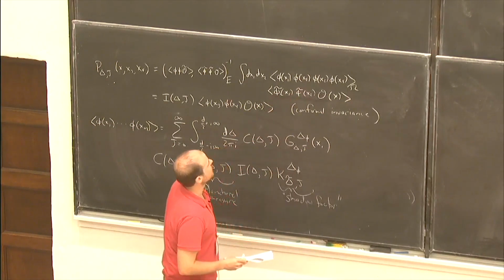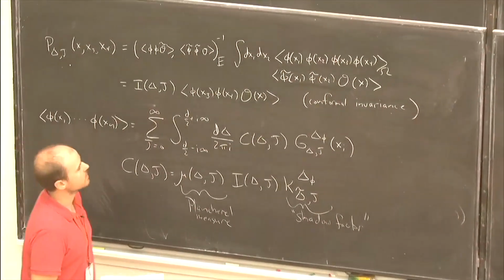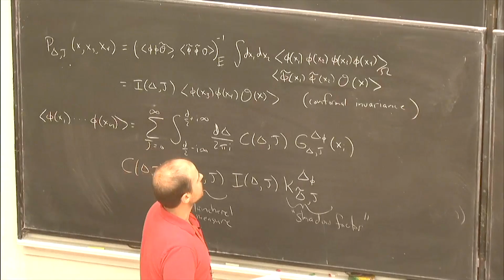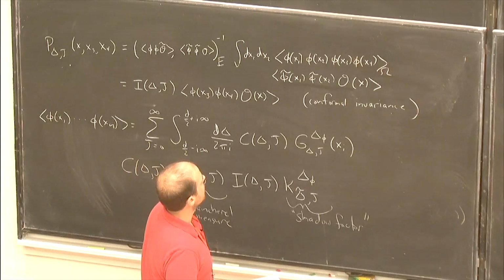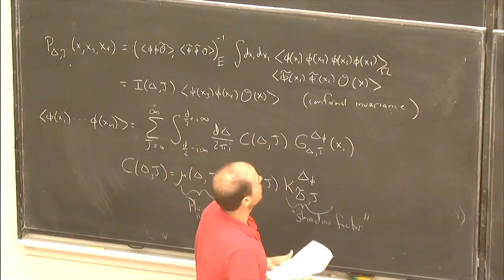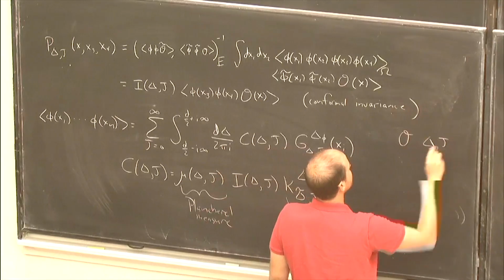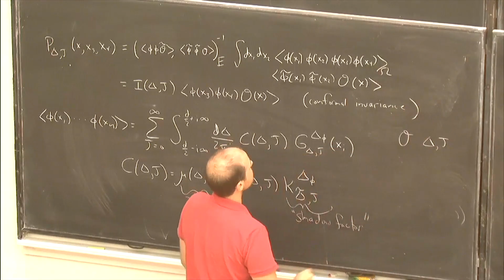It's just the unique function of x1, x2, and x that is consistent with conformal invariance given the representations of the operators appearing. So O, in most of what I'm talking about, has dimension delta and spin j, and I'm suppressing the spin indices.